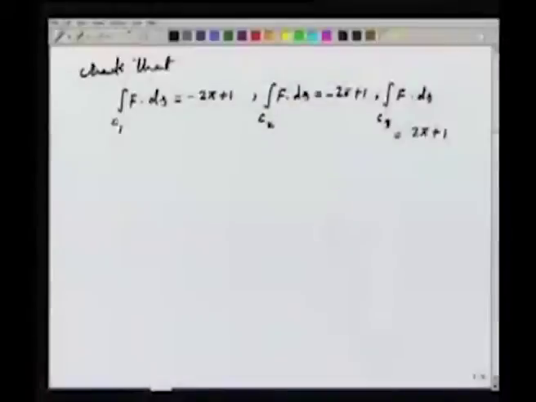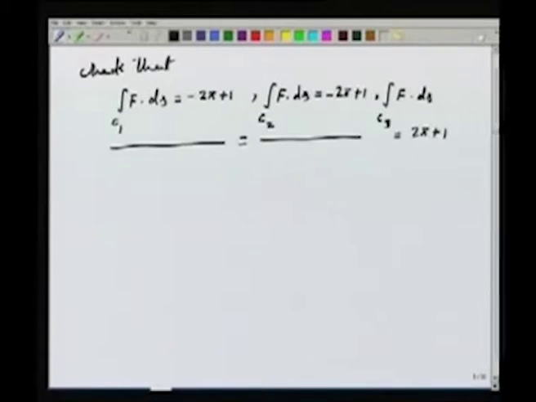That means in general the line integral of a function over 2 different curves joining the same points can be different. But here something has also happened: the integral of the function over C1 and over C2 has become equal. This is not just a happy accident, it happens because of the following fact.